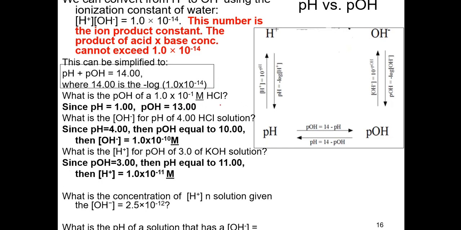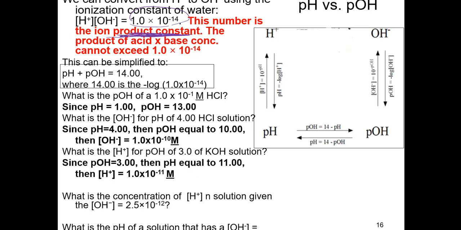Now, let's apply this to math. Automatically, nature has decided that the product of the hydrogen and hydroxide concentration should always equal 1.0 times 10 to the negative 14th. And this value right here we call the ion product constant.